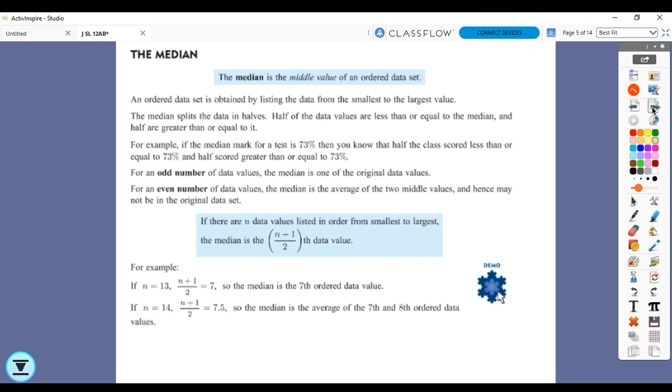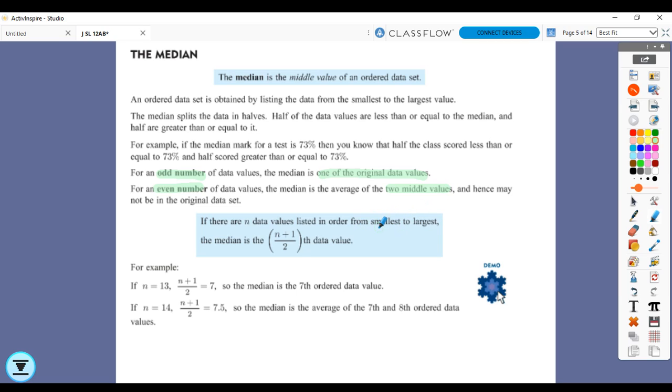The median is just the middle number when you put everything in order. If it's an odd number of data, it's one of the original values, the middle number itself. If you have an even number, then you have to average the two middle values.